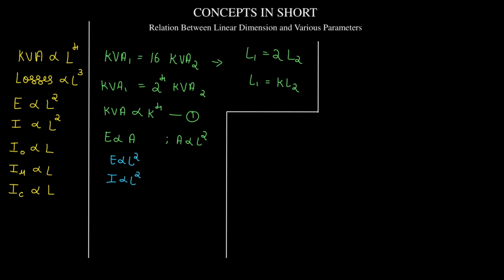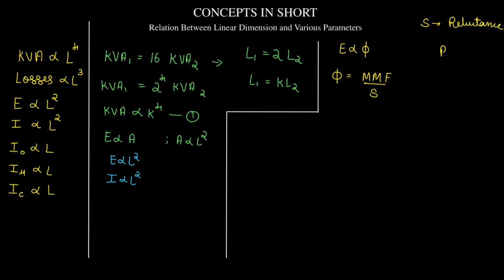Now that brings us to the no load current. We know that E is directly proportional to flux. And we know flux is actually mmf upon reluctance. So here S is reluctance, not the kVA rating.